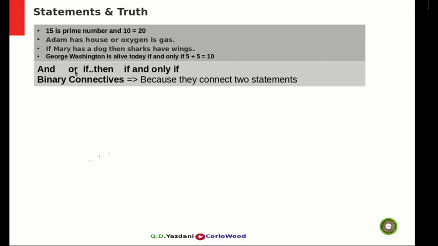So we use and, or, if-then, if and only if. They're all binary connectives, because they connect 2 statements.